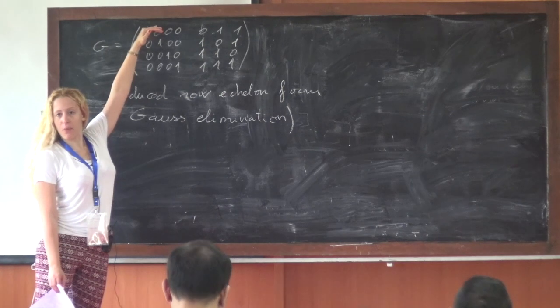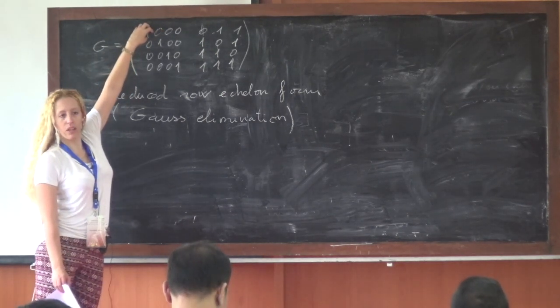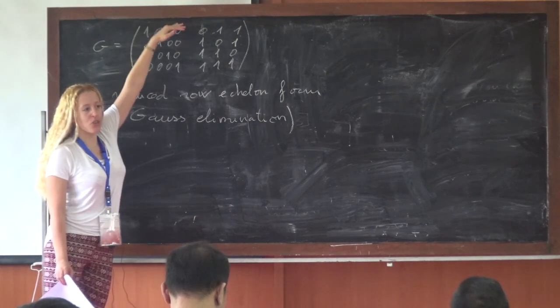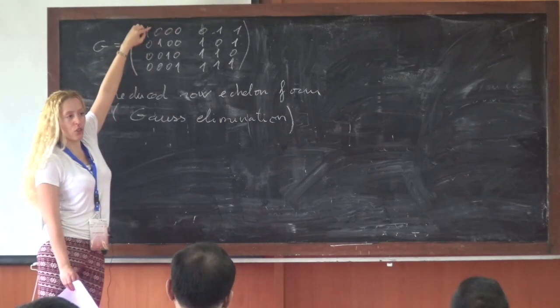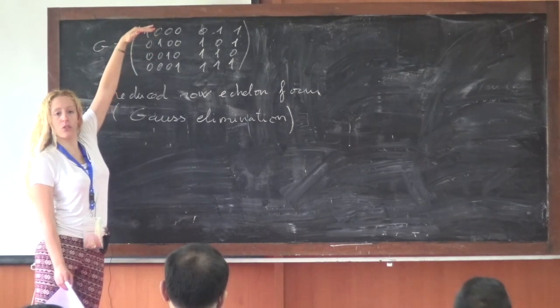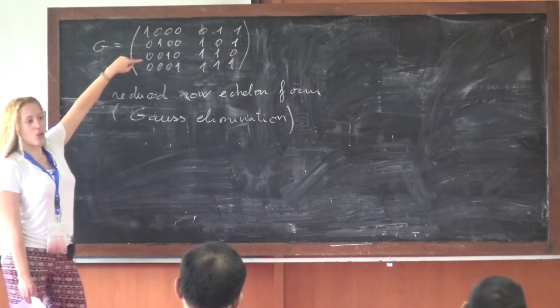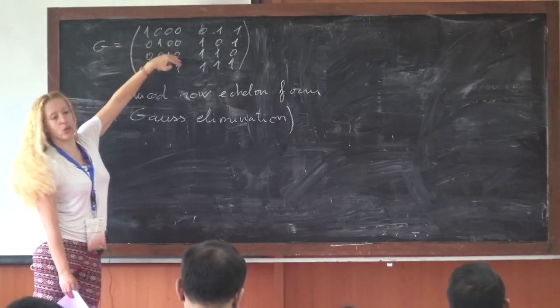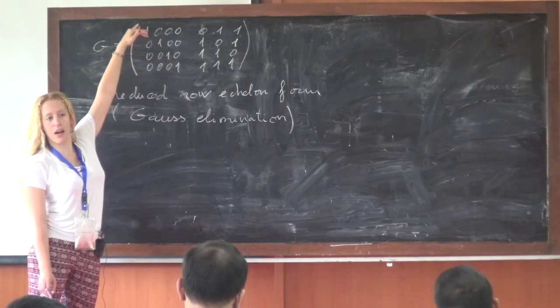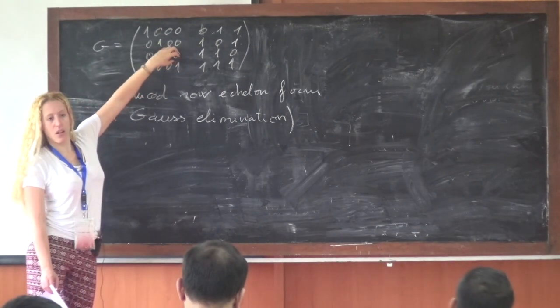Now you multiply by an appropriate number in order to get a 1 here. Now that the first row has a 1 in the first position, you subtract as many times as needed this first row in order to make zeros here. And now you repeat the operations with the other columns. In this way you get what is called the pivot.